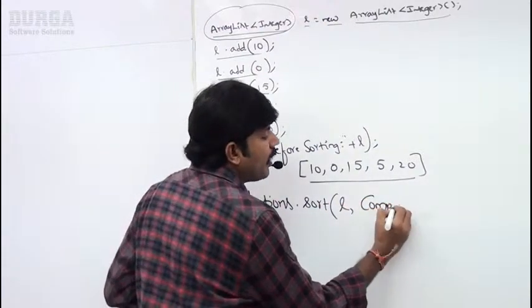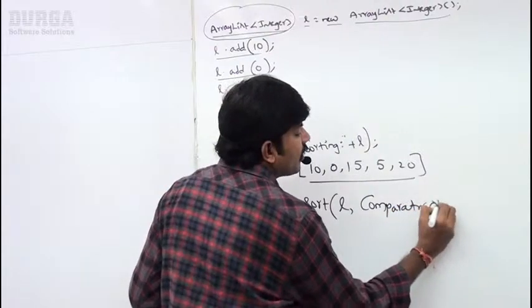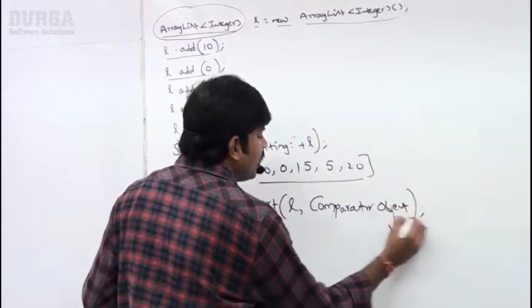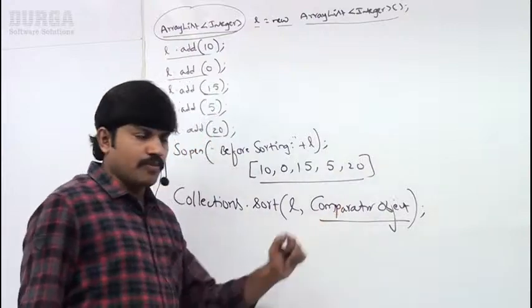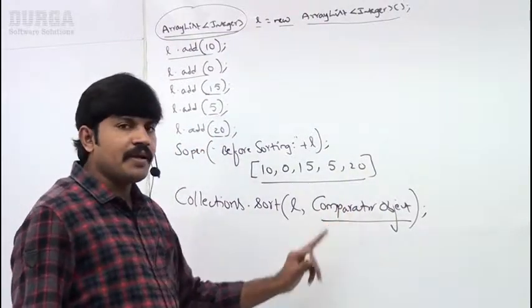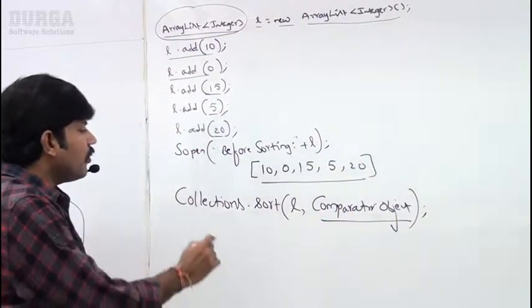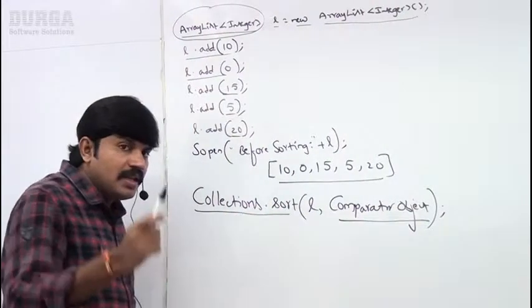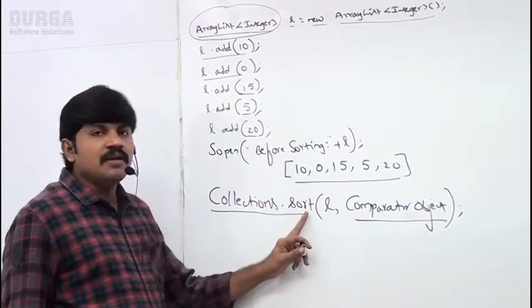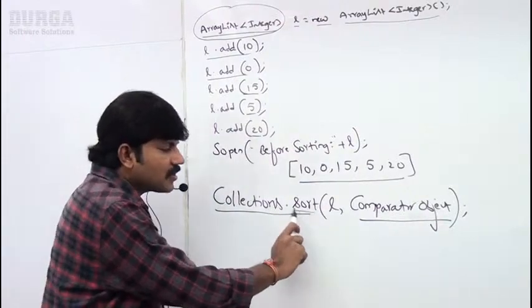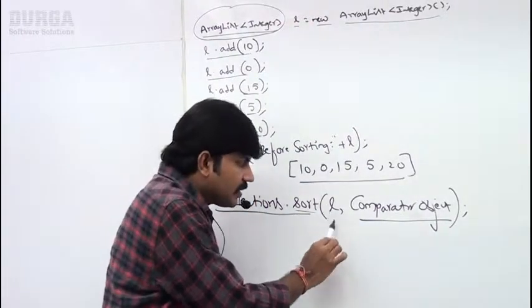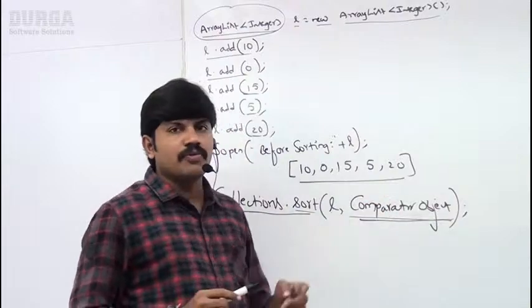Here you have to pass a comparator object, an object of a class that implements Comparator. How to define that part, I'm going to take care of. So if you want to sort elements present inside a list, then Collections.sort is the method, and l and a comparator object we require to pass.